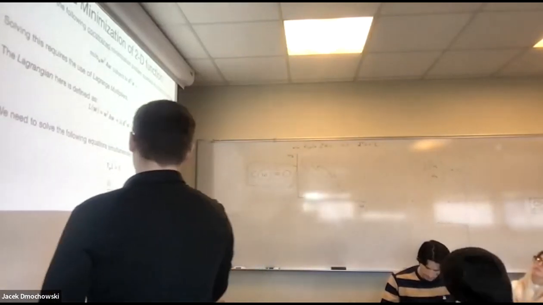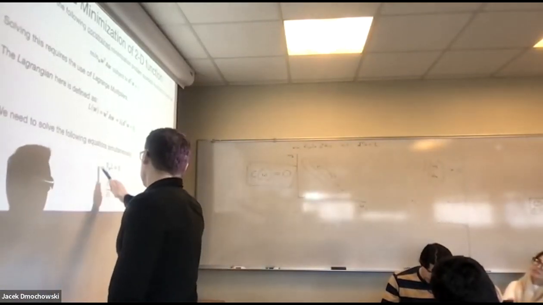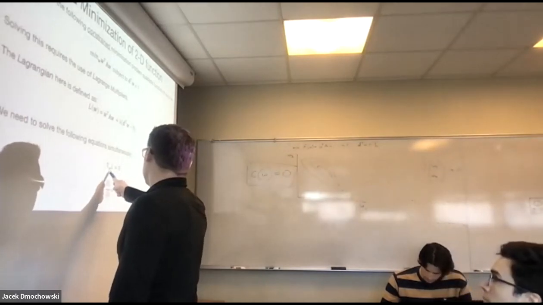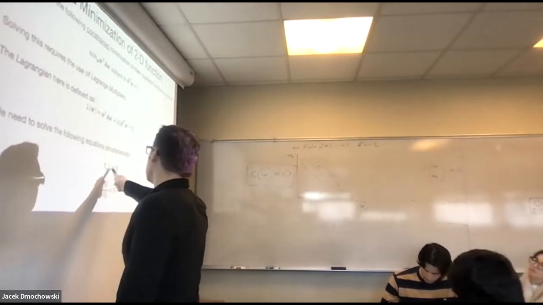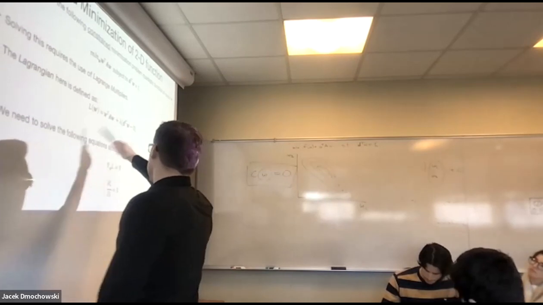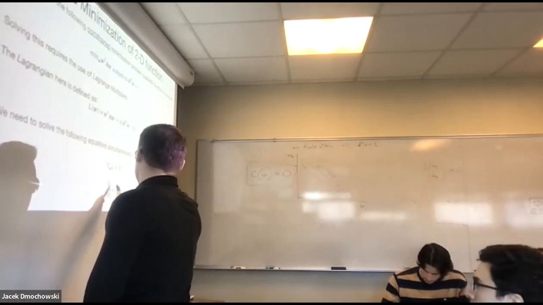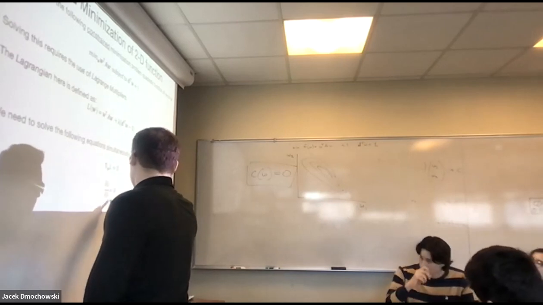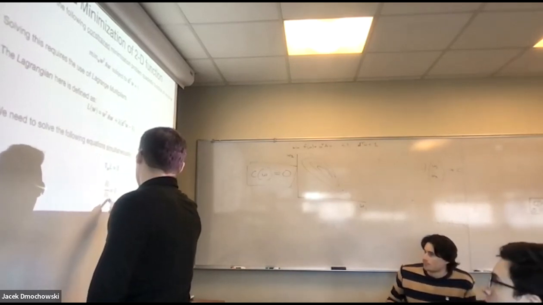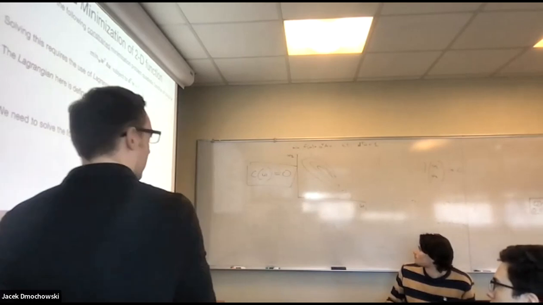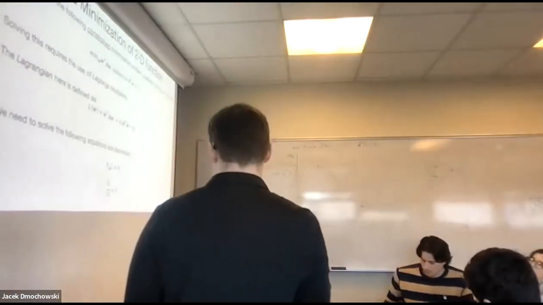We need to do the same as before, except that we take the gradient of L and set it to 0. That's basically what we were doing before. And we need to take the derivative of the Lagrangian with respect to the Lagrange multiplier lambda and also set it to 0. And this is really quite clever if you think about it.